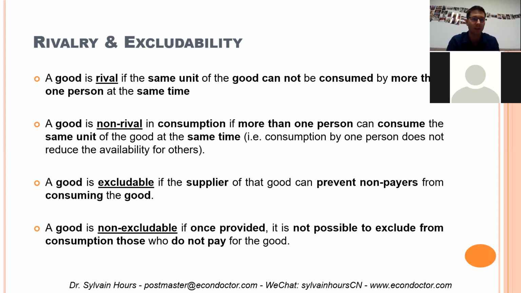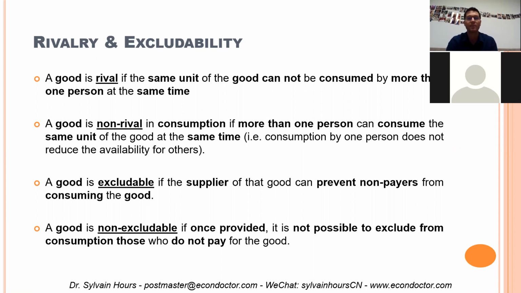Everyone in a country consumes, in the sense, enjoys the benefits of being protected by the military. But really the two main characteristics are non-rivalry and non-excludability. If you want to add the non-rejectability characteristic or feature, feel free to do it. But in my opinion, this is less important.